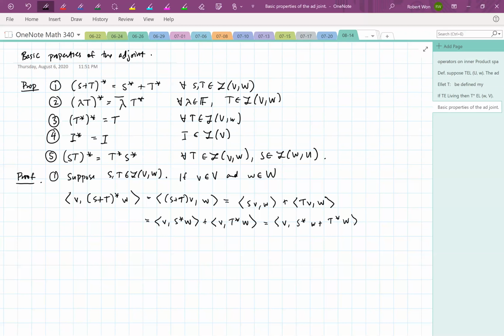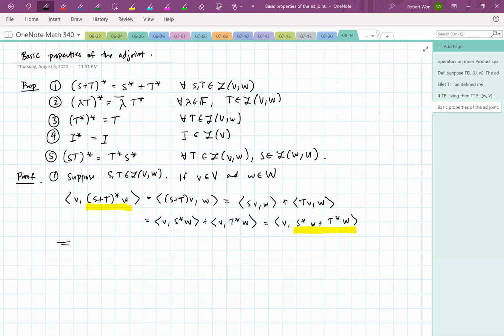Okay, but again, this is one of these cases where this vector and this vector have to be the same by the uniqueness part of the Riesz representation theorem. This equality is true for every vector v in V, which means that taking the inner product with this vector and taking the inner product with this vector yield the same linear functional on V, which means that those are actually the same vector.